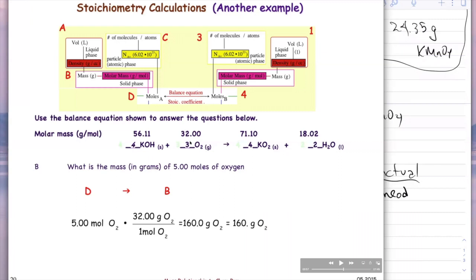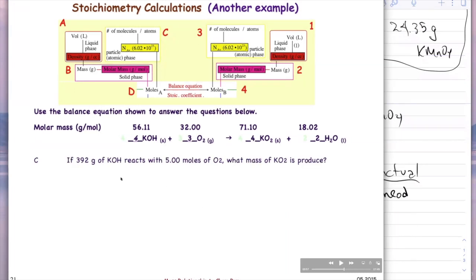So in the next step right here, which is that problem: if I have 392 grams of KOH, and I already know that represents 7 moles, and 5 moles of oxygen, what mass of KO2 is produced? If you look at the mole ratio right here, this is 4 and this is 4.